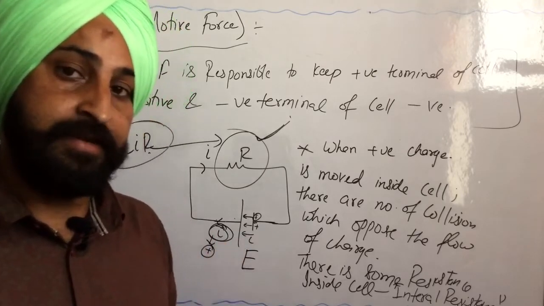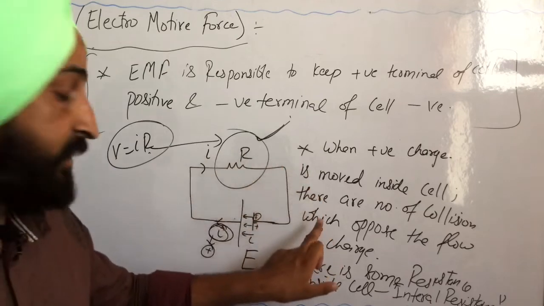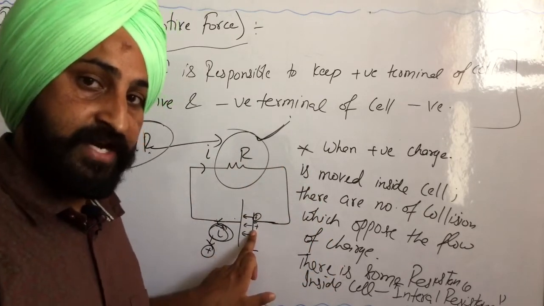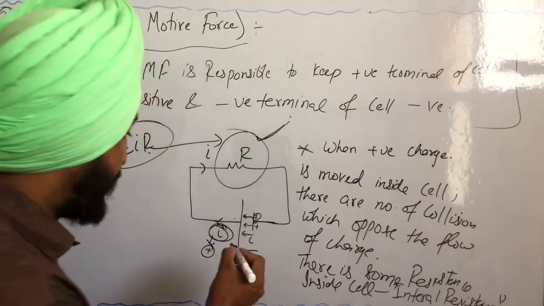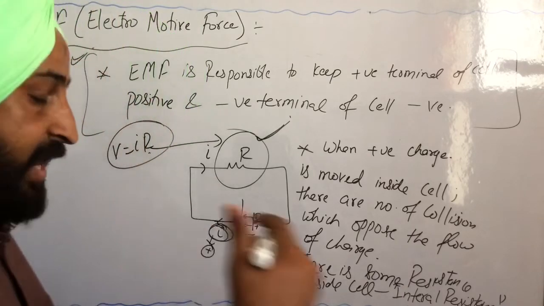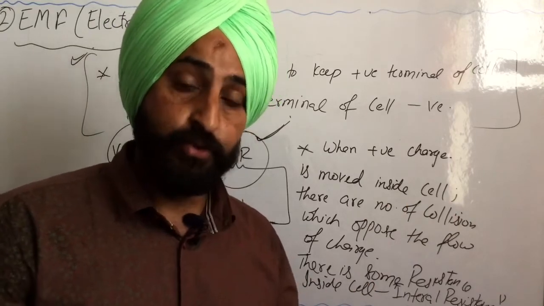Why am I saying the same current I? Because the flow of current is flow of positive charge. So the positive charge has reached the negative plate, and now it is trying to move to the positive plate due to EMF. So I can say the same current I is traveling from the negative terminal of the battery to the positive terminal, in the opposite direction, due to EMF.